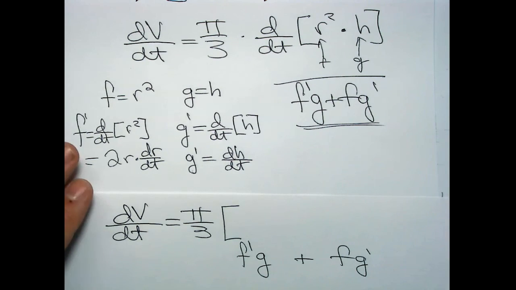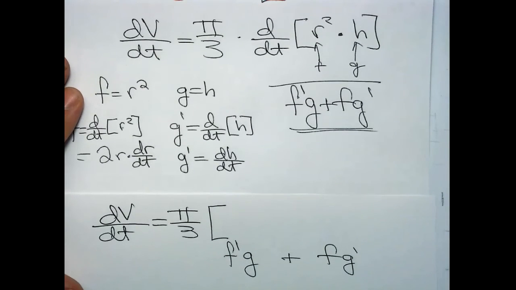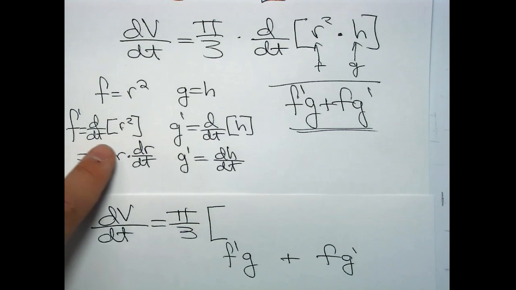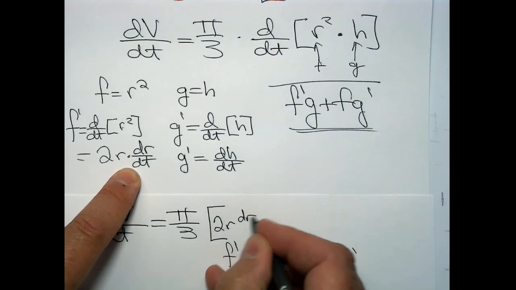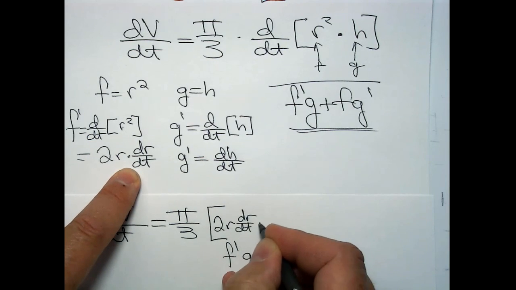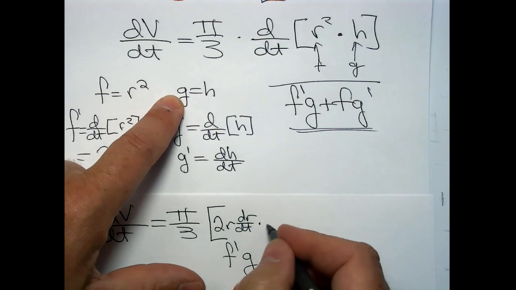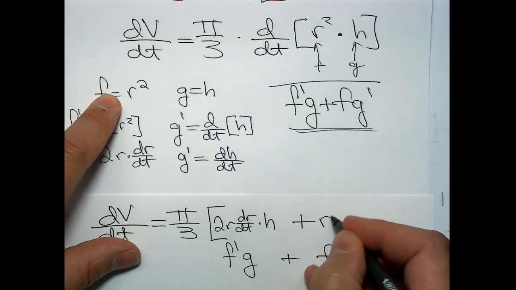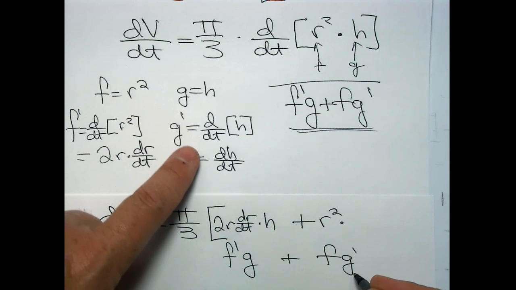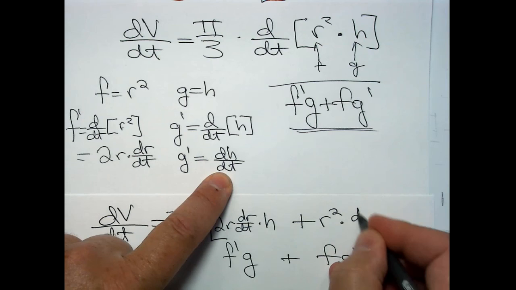Let's see if we can figure that out using our table here. So f prime g, let's start with f prime. f prime is right here. It's 2r, a dr/dt, multiplied by g, which is right there, h. Plus, let's do f, which is up here, r squared, multiplied by g prime, which is a dh/dt.